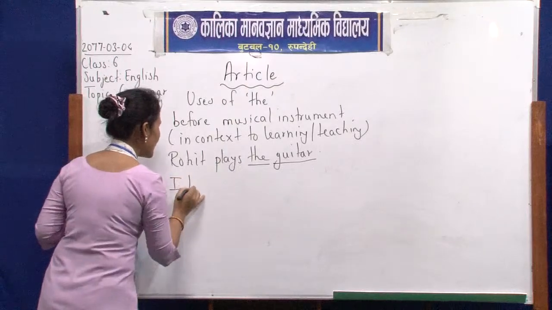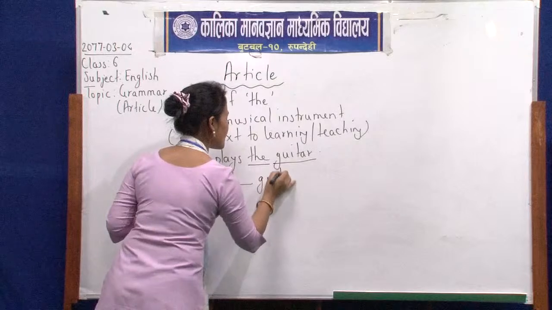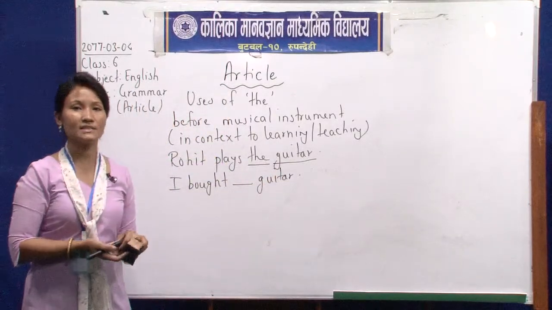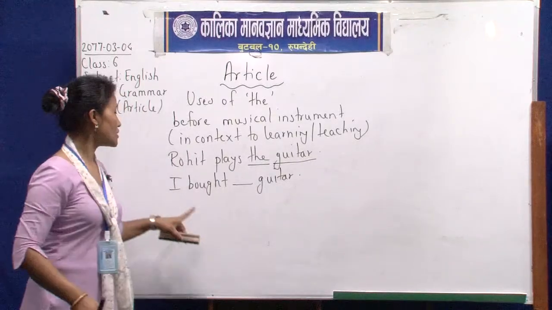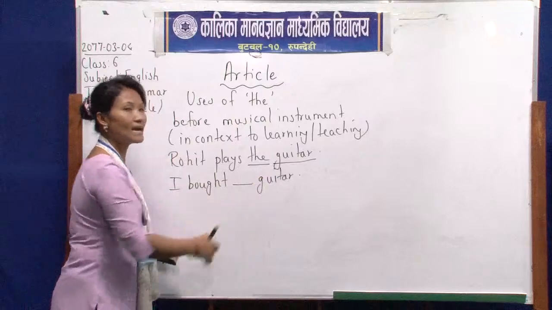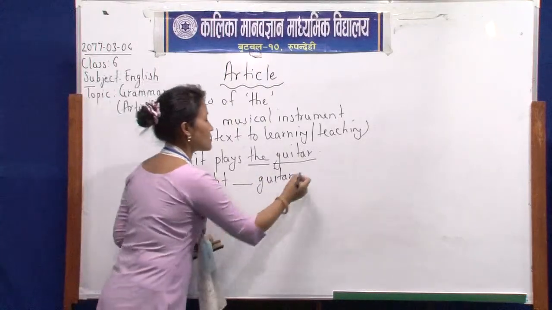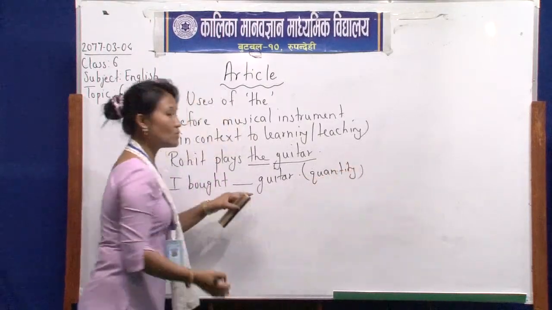Like, I bought a guitar. Now if the option is given over here, then what? Oh, the teacher said that musical instruments take the. No, wrong. You should see the context in which guitar is being used. Here, I bought a guitar means quantity. The context is quantity, one guitar.